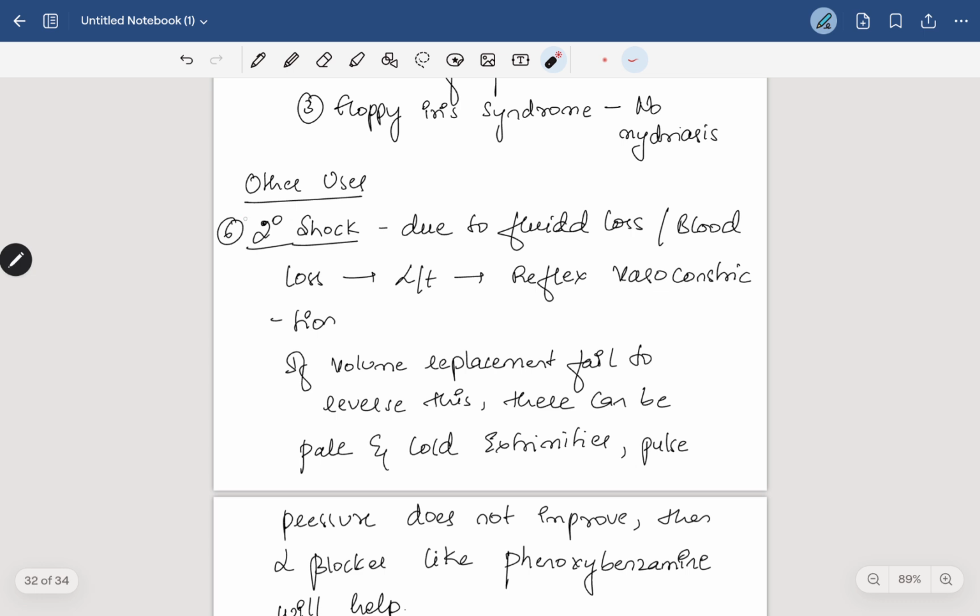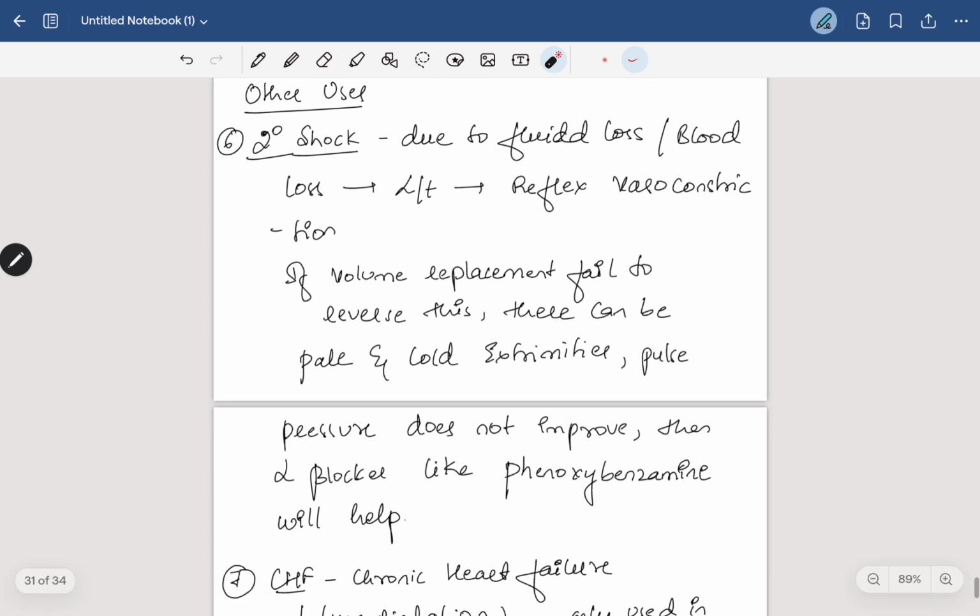Other uses will be it is given in the treatment of secondary shock due to fluid loss and blood loss, which will lead to reflex vasoconstriction. So due to fluid loss and blood loss, what will happen? It will lead to reflex vasoconstriction, and we do not want vasoconstriction. Therefore we give alpha blockers, which will lead to vasodilation.